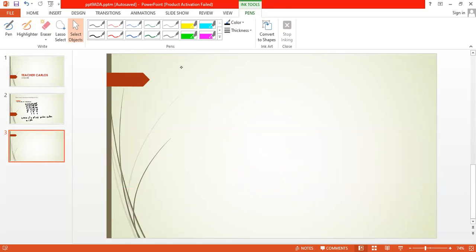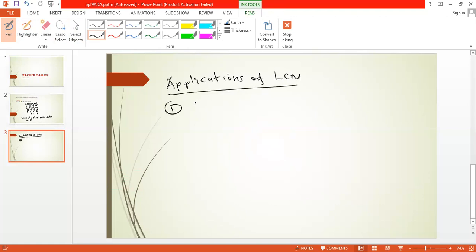That is one of the applications of LCM. So when we are told the bells are ringing at intervals, then we have to take the LCM.